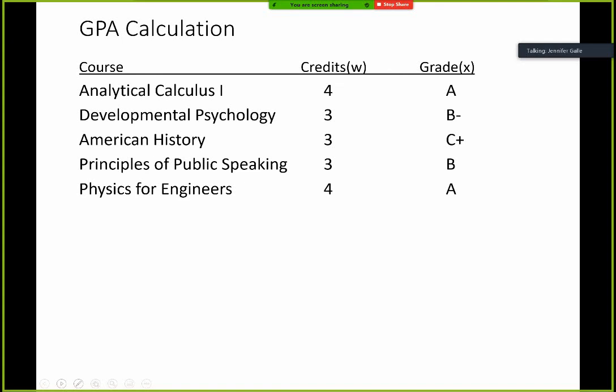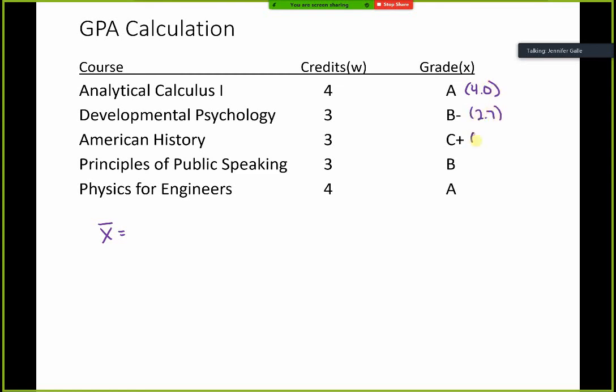So what we need to do is we have our credits and we have our grade. Now, if we want to use our formula, I can't put an A in for my X values. An A is worth a 4.0. A B minus is 2.7 towards a GPA.